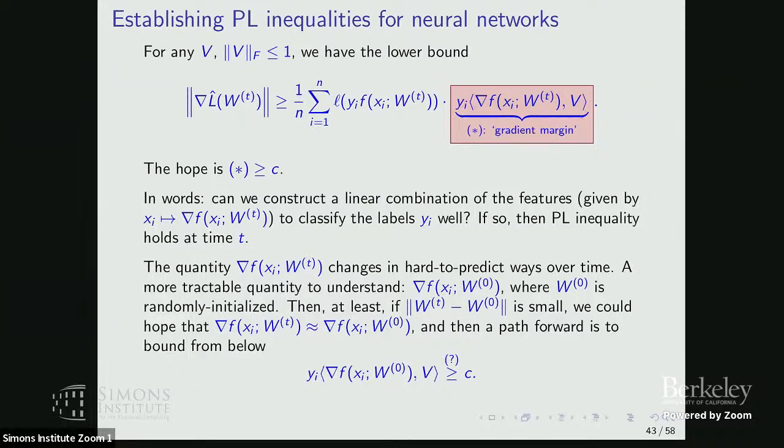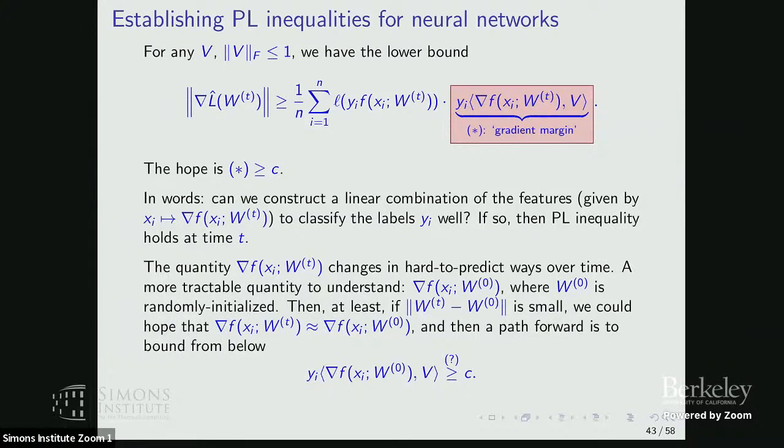But the trouble is that this gradient of the network at time t is kind of hard to grapple with, because it changes over time in not obvious ways. It incorporates data-dependent information. Only in some special situations is it super easy to understand what it actually looks like at all times t.